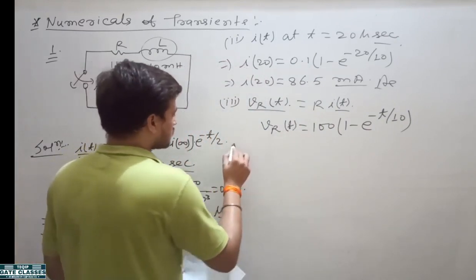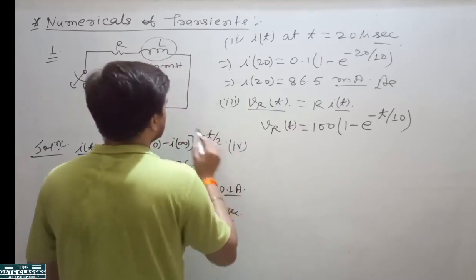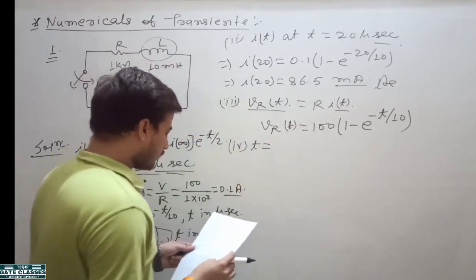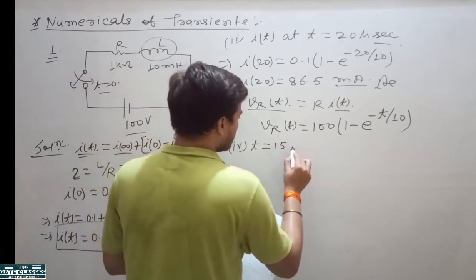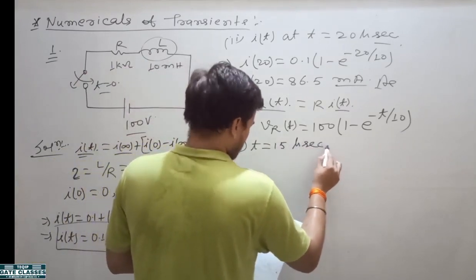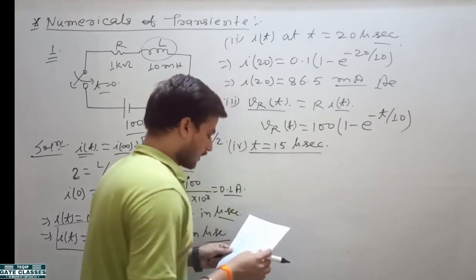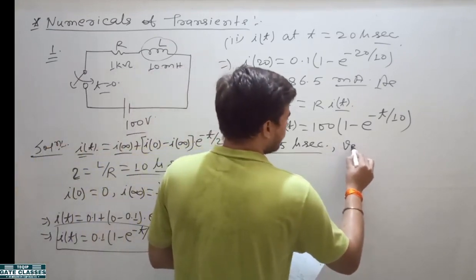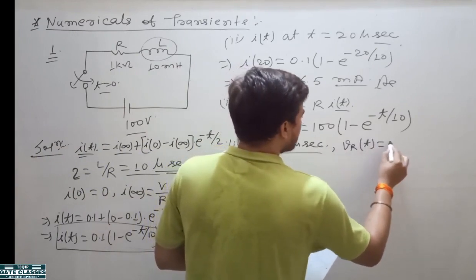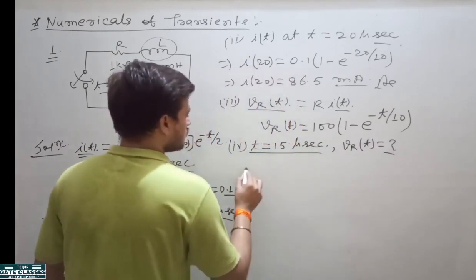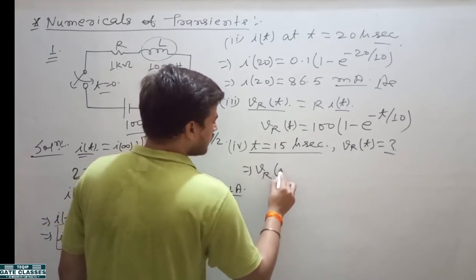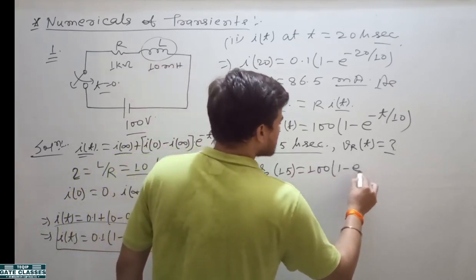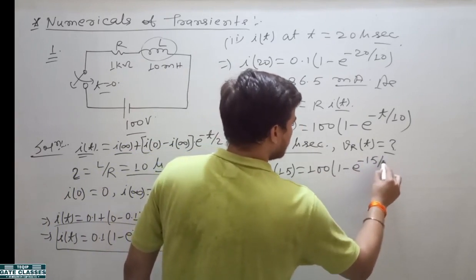Fourth question is given that t equal to 15 microsecond. You have to find the value of VRT. VRT will be what? So you write VR 15 will be equal to 100 into 1 minus e to the power minus 15 by 10.